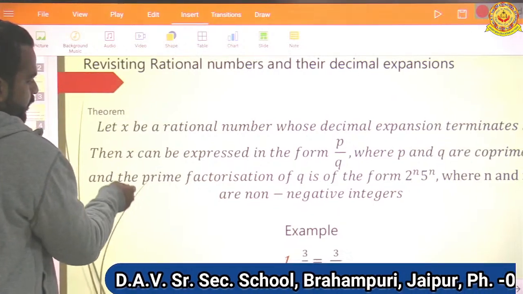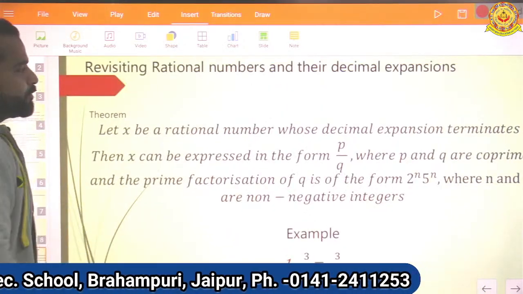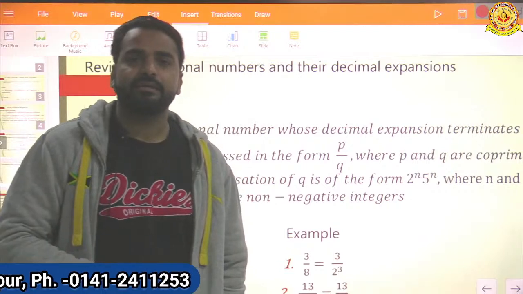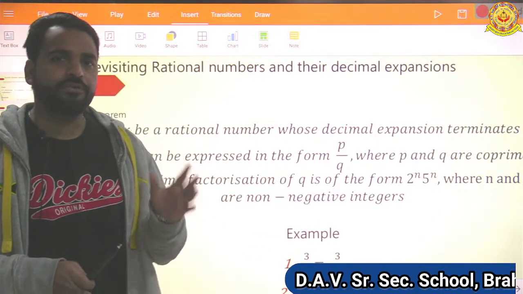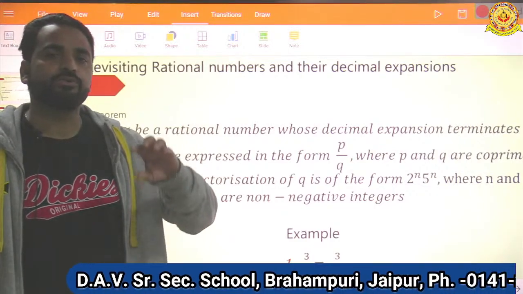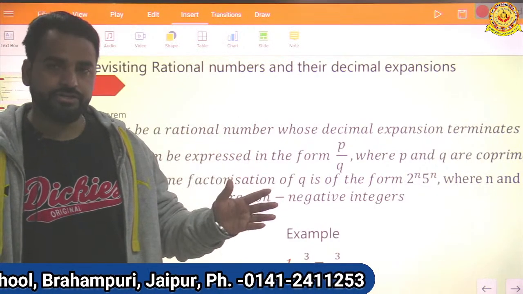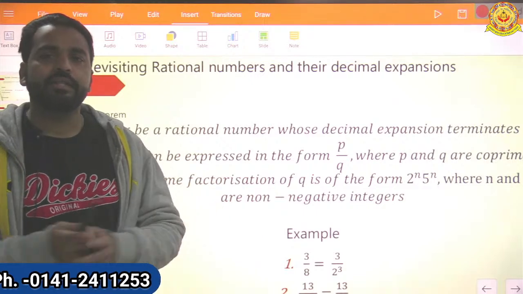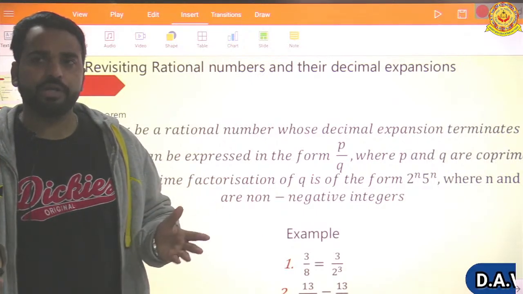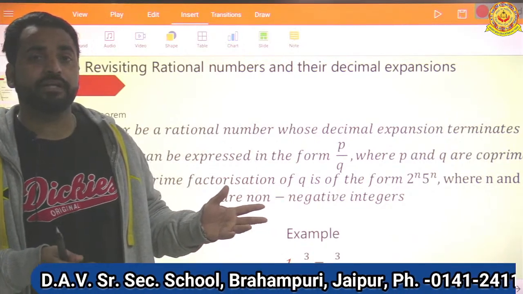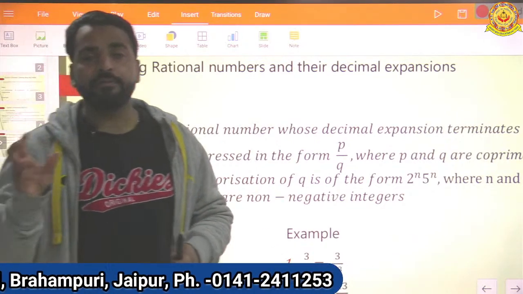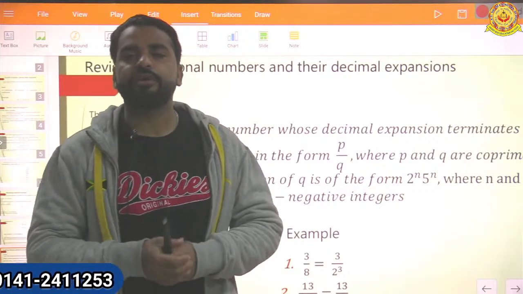Okay, so this is all from my side. We studied today what real numbers are, and how we differentiate real numbers into different categories like rational numbers and irrational numbers. Then we studied the Euclid division algorithm and what it is used for, then finding the HCF and LCM of numbers by taking the prime factorization.